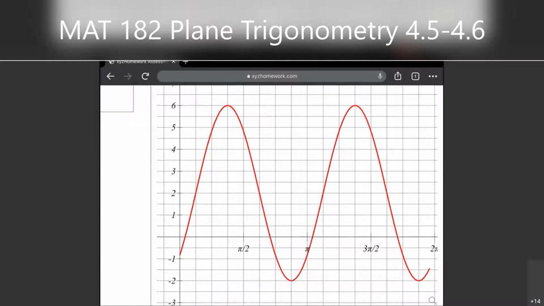In terms of boxes, it would be 8 boxes, which represents pi units.